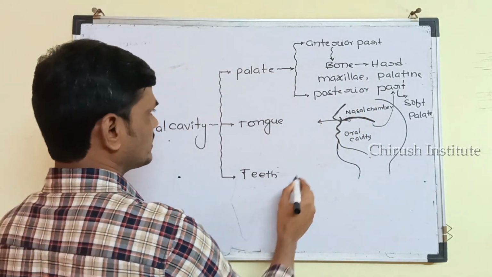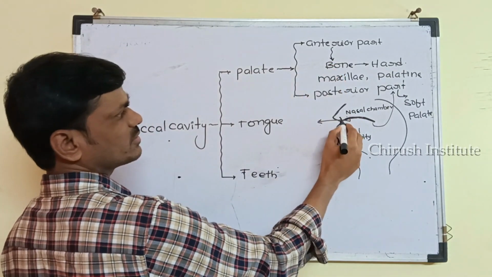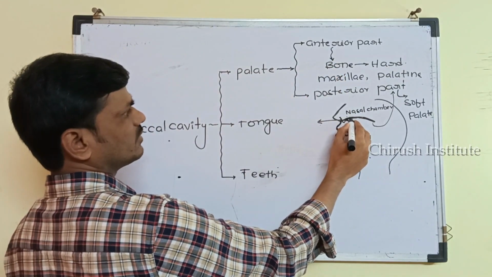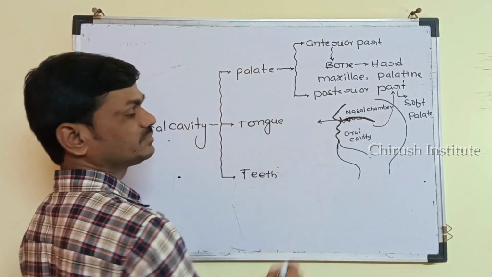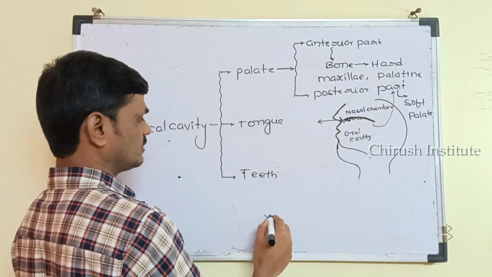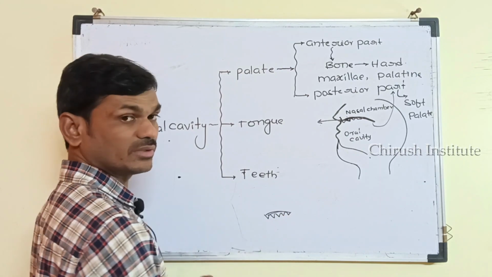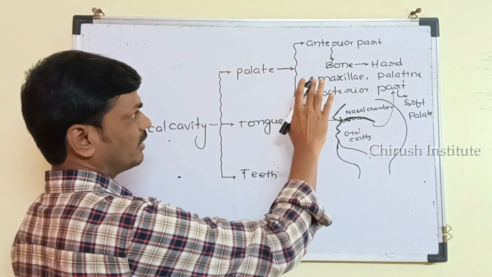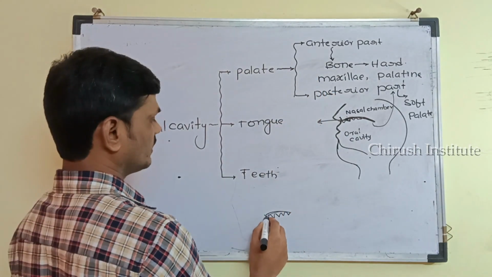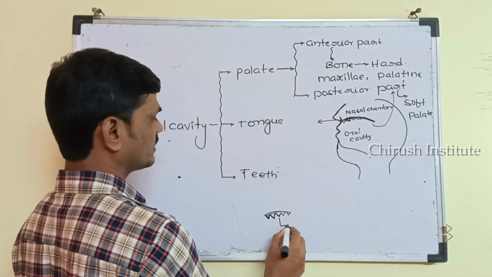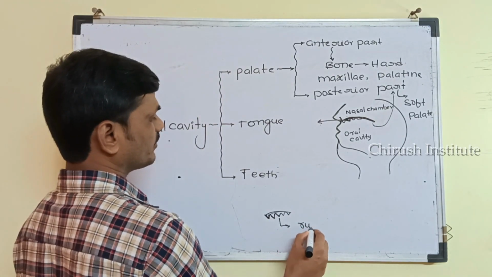Now, on the surface of the anterior portion, the hard palate, ridge-like structures are present. We call them rugae.